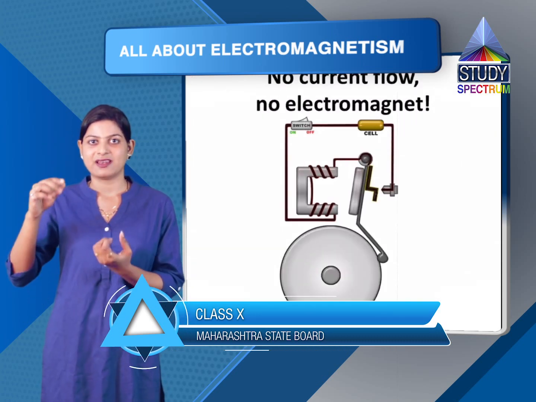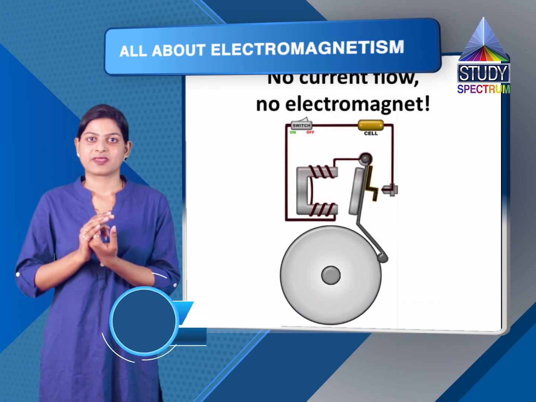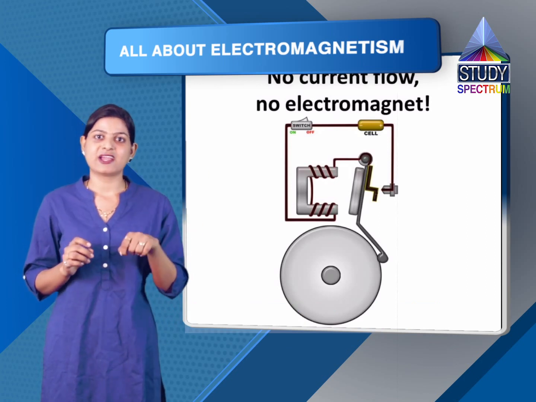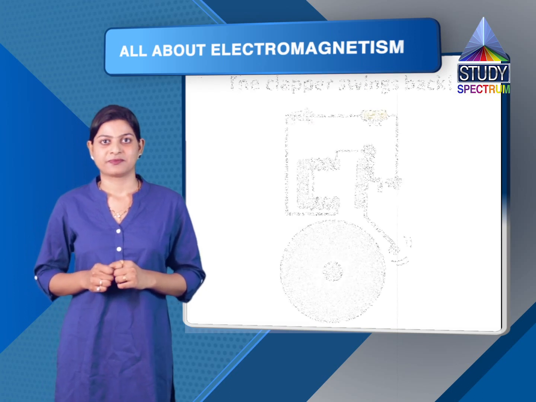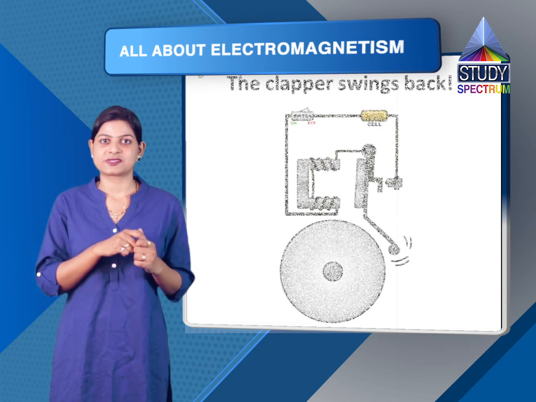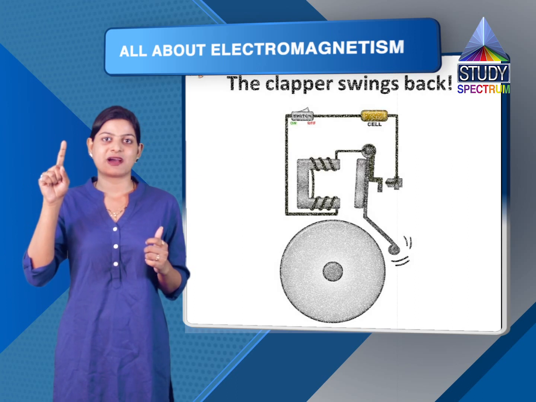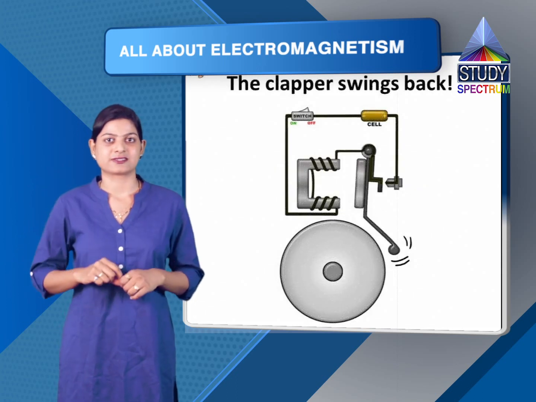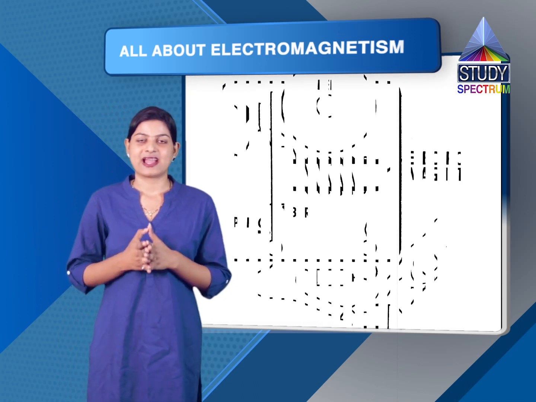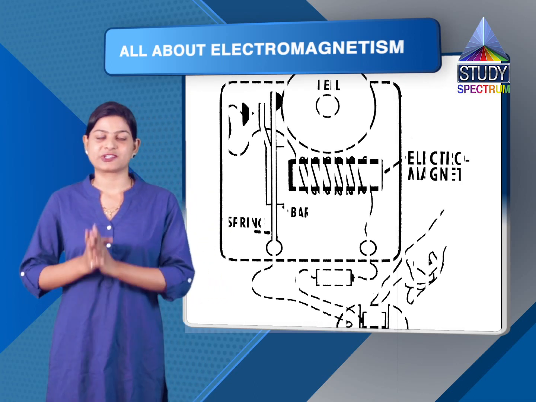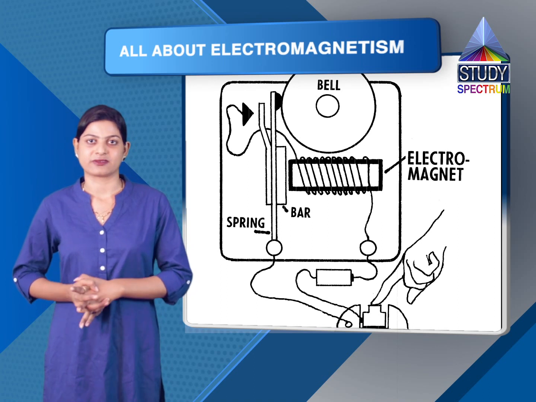When the gong of the bell touches the bell, the supply of the current breaks immediately and it stops. And as soon as it stops, again the electric current is passed through it and the bell rings. This is how the electric bell works, and it is one of the applications of electromagnetic induction.